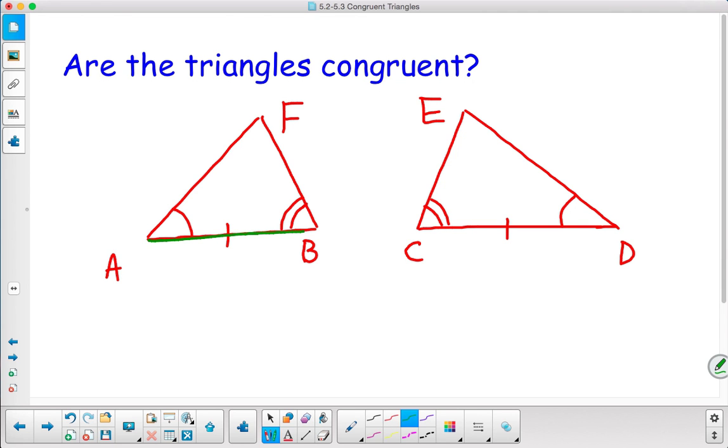Got a side that's the same in both, and on the ends of that segment there are the same two angles in both triangles. They are flipped the other direction, but it is the same information. So we've got yes, by angle, side, angle. These are congruent. This is a postulate.